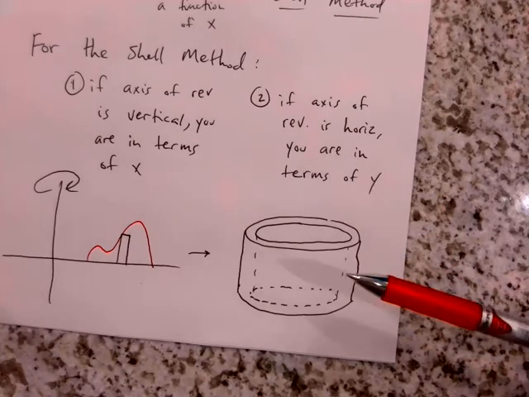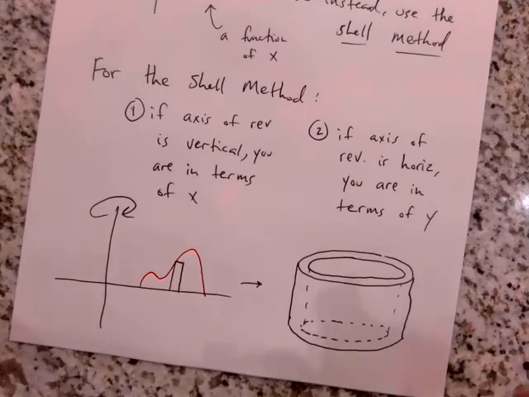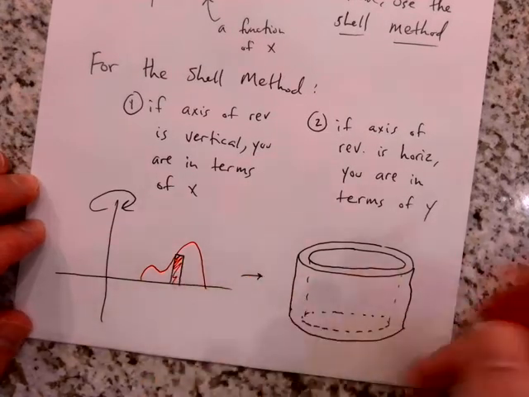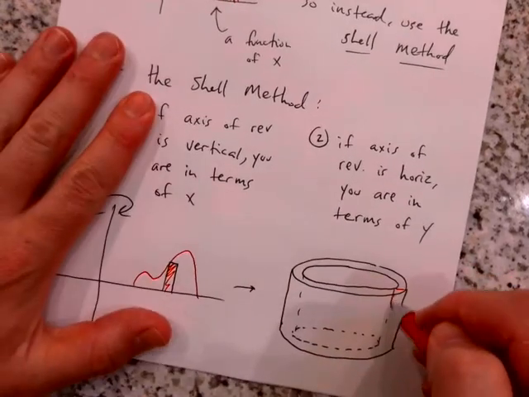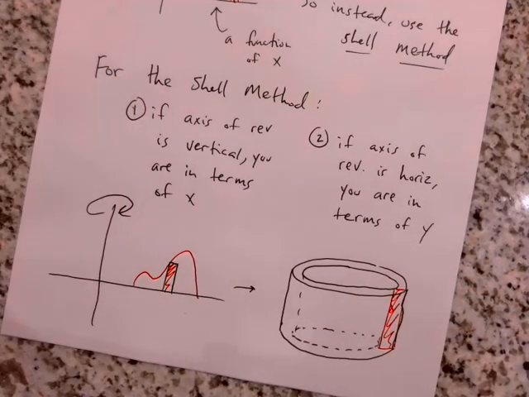So it's a cylinder, but it's just a shell of a cylinder because it's totally empty, right? And again, this original rectangle right there shows up like right here. So this was just rotated around.